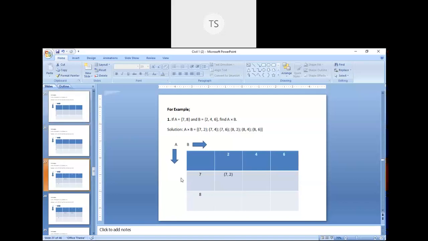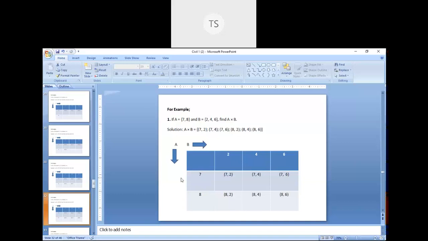Now for the first element, 7, I will choose the row starting with 7 and combine it with the column starting with 2. So I will have 7, 2. Next, 7, 4, and the third one is 7, 6. Next, I will start with 8. So 8, 2, 8, 4, 8, 6. Is it clear? Clear, ma'am.